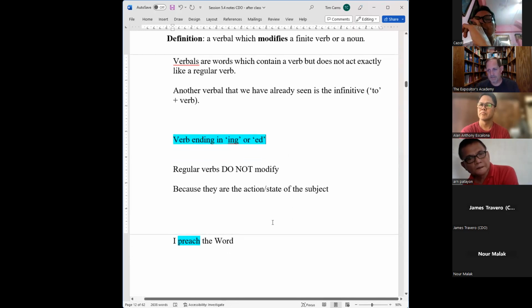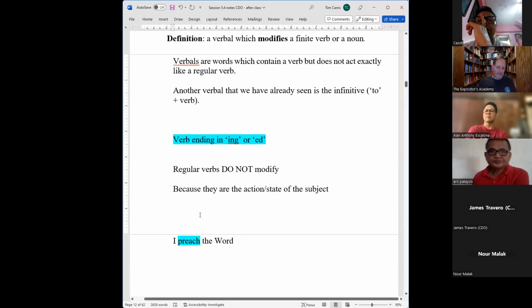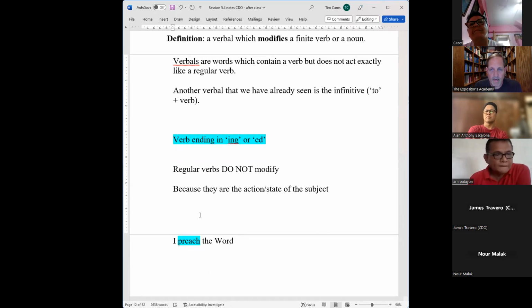All right, so this is what makes participles a challenge. They can be very, very difficult for us to figure out at times. So I want to go over these a little bit more and try to give you some ways to know: is this a regular verb, or is this a participle?